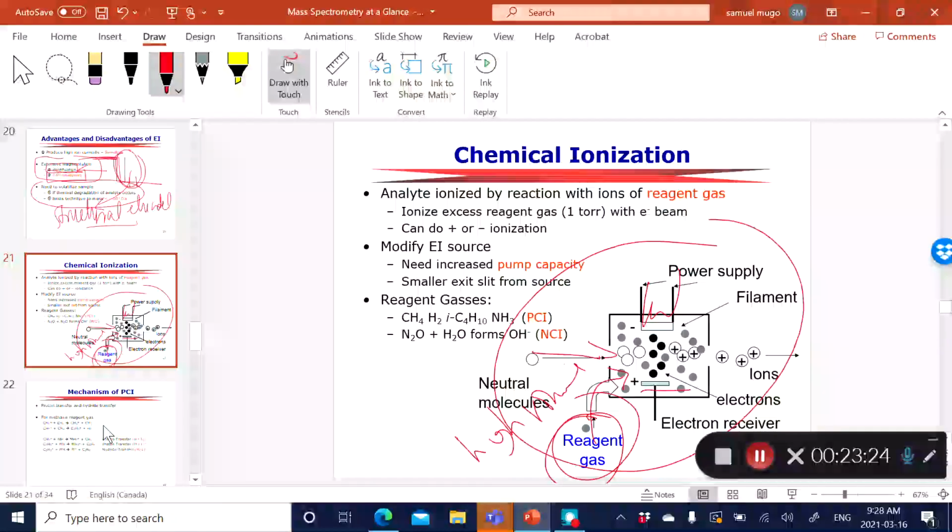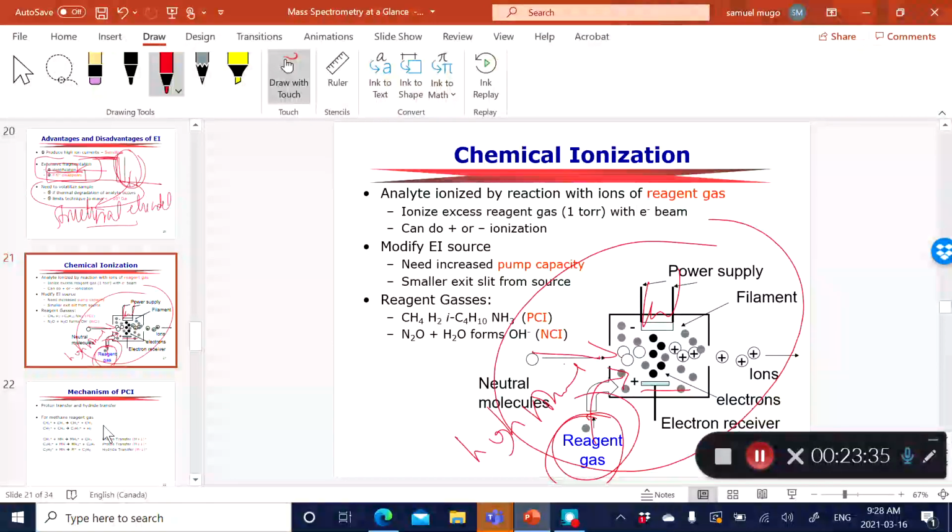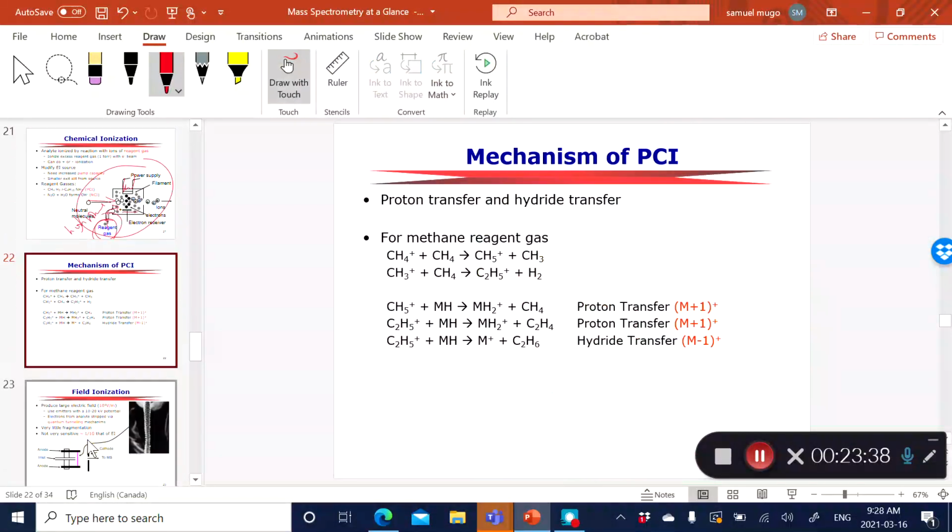And when the reagent gas gets ionized, it transfers that charge softly to the analyte, which is why it's almost like a chemical derivatization method. Let me give you an example, because methane is a very common reagent gas used with chemical ionization.